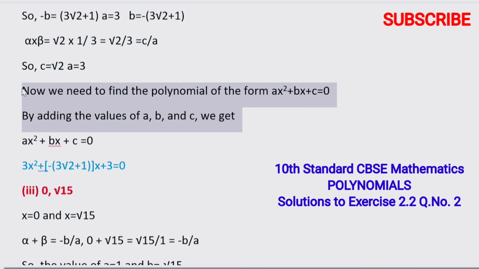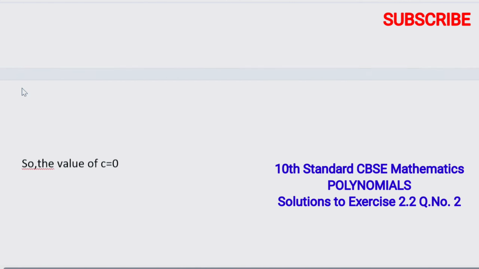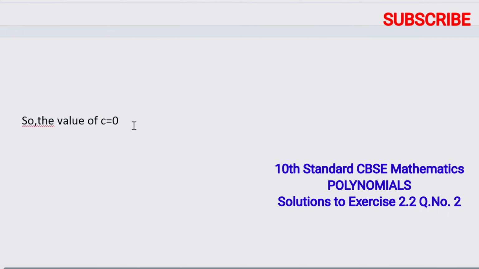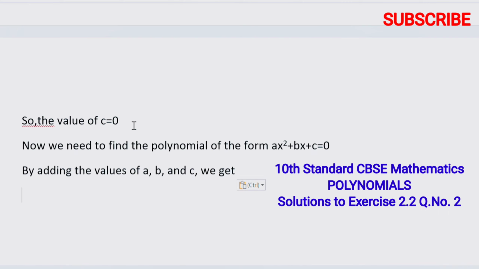Now we have to add the values in the form ax square plus bx plus c. We got the values of coefficients a, b and c, which we are adding in the quadratic polynomial form ax square plus bx plus c. In this form, the degree of the polynomial is 2, x square.